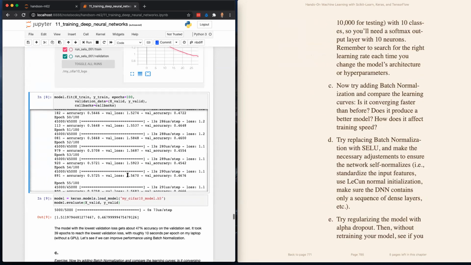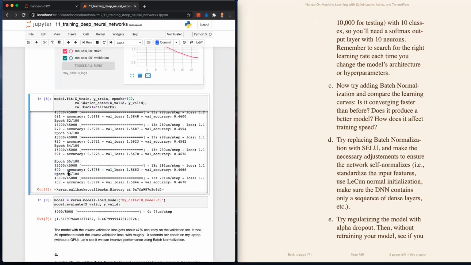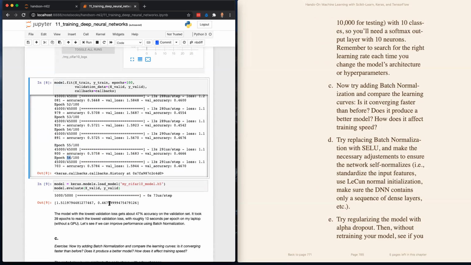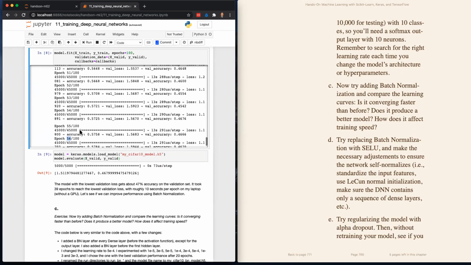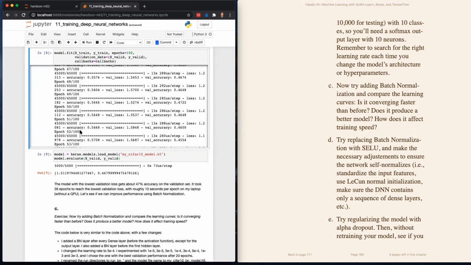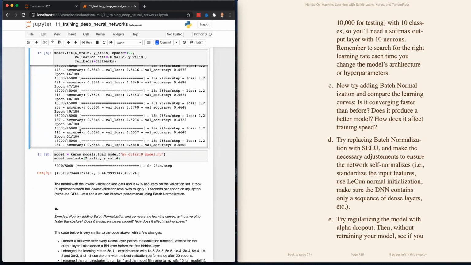Okay. The only thing for question B for me was that he got the accuracy on 39 epochs. Oh, maybe so. Here I was saying 56, but 56 minus 20 because it's going into 20, and that means around 36.